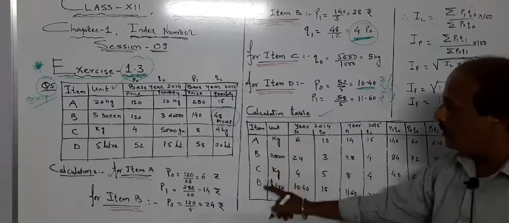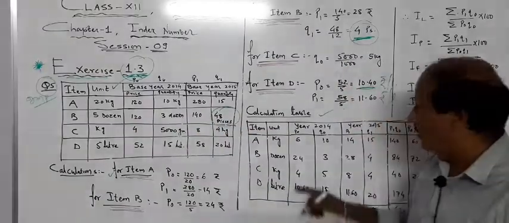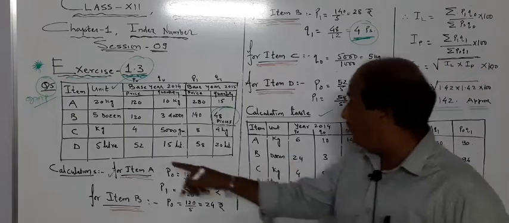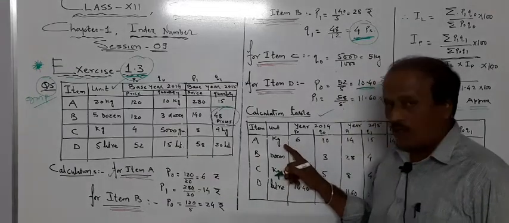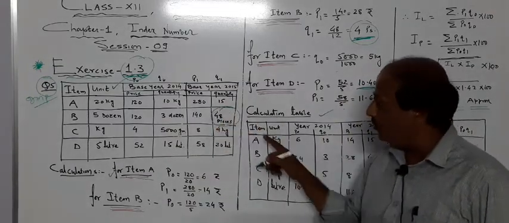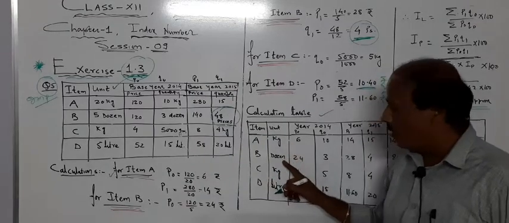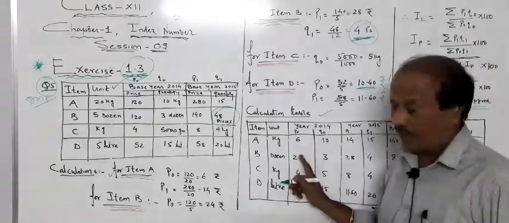Now after doing this, make one more table and do every calculation in that table. Now A, B, C, D as per the given table. Then kilogram, dozen, kilogram, liter. Now see, I am not writing 20 kilogram. I have changed that unit. Now we already converted that into kilogram. Everything is converted into kilogram or dozen or kilogram or liter. So see, there is a change in the unit column of the table.